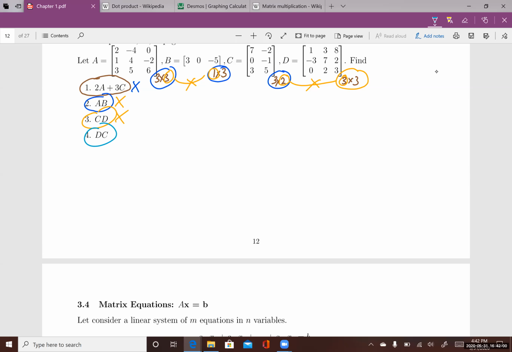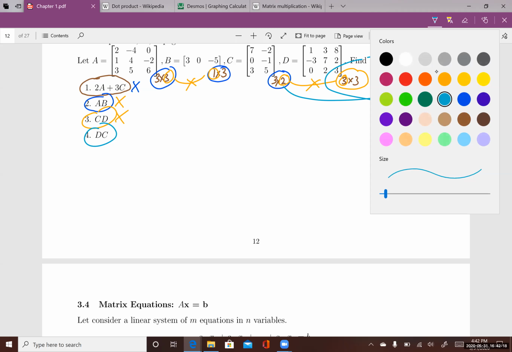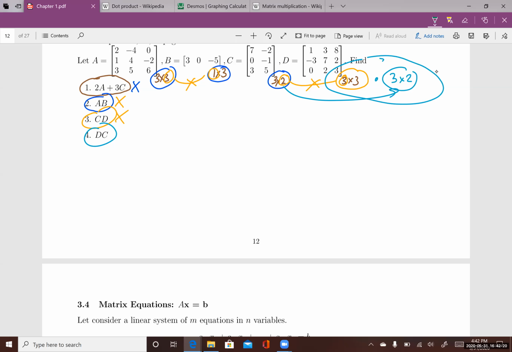For D times C, matrix D has dimensions of 3 by 3, and matrix C has the dimensions of 3 by 2. These are the dimensions of C. We look at these two matrices in the reverse order, and you can see that the inner dimensions are the same.